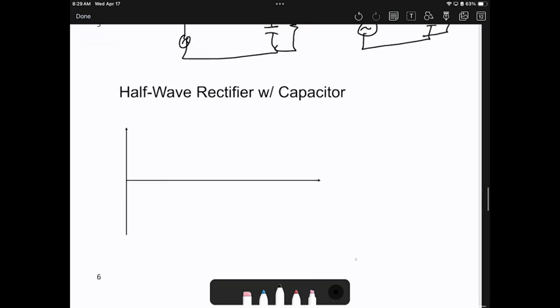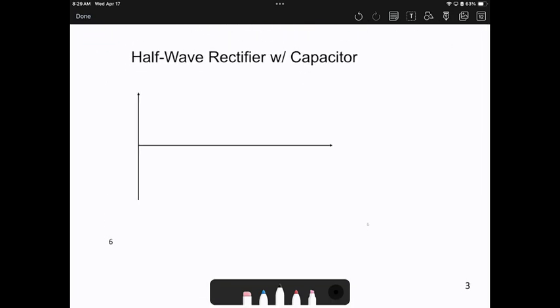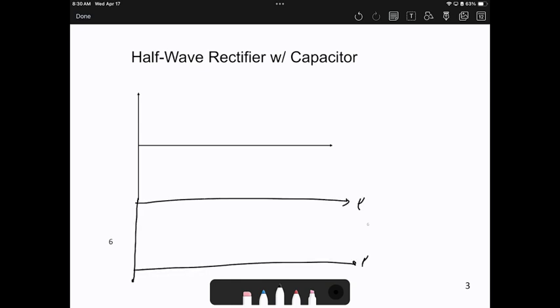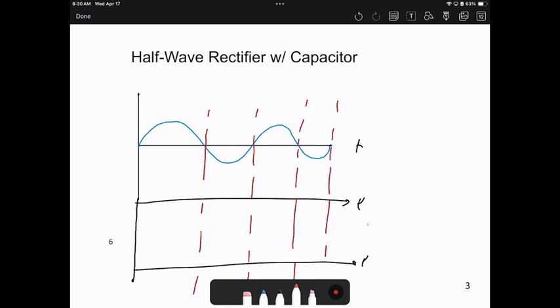So what's happening? I can redraw the waveform so you can see the difference. Here are the guidelines. Then here this is bounded between 10 volts, as an example, and negative 10 volts.